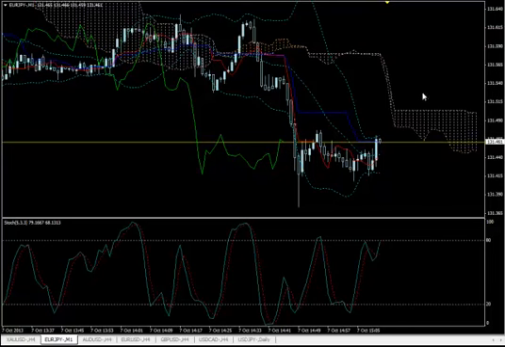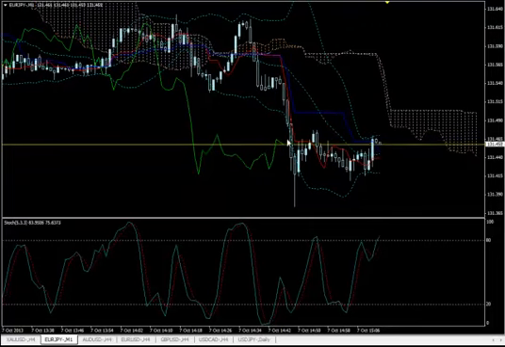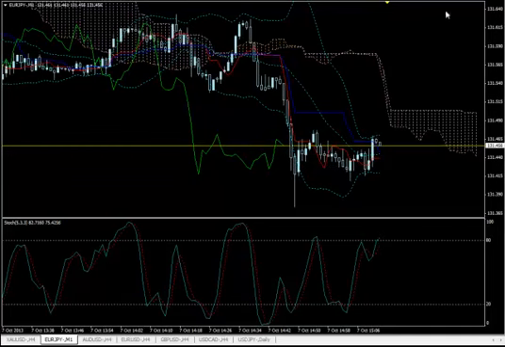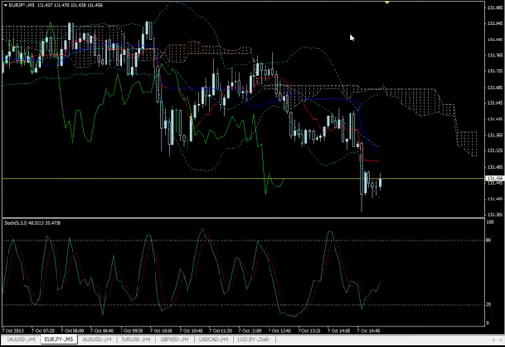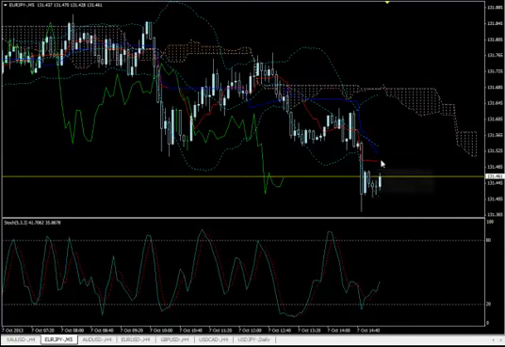Then it will be validated by Chikou span going above past price action and above the Kumo. So for that to happen, Chikou span must be somewhere here, which means that the price must be somewhere here, okay? And then we will see first a cross of the price above Tenkan Sen on M5 time frame, which is pretty possible.